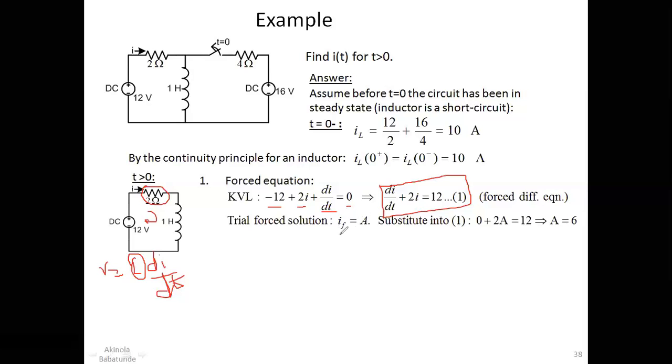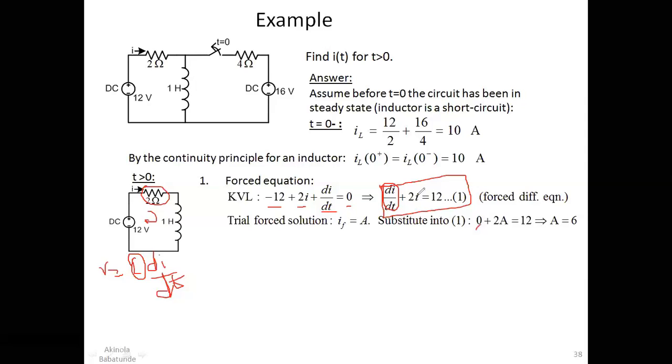You can select IF equal to A, the first solution to this circuit. Whenever you find I, you put A there. A is a constant, and if you differentiate a constant, you get 0. That is how this 0 came about.